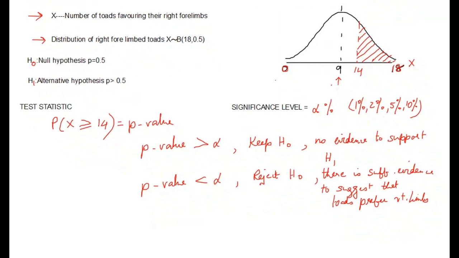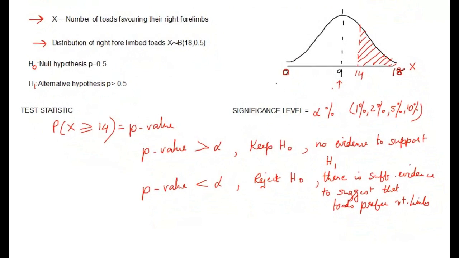Now, what you do is, on your null distribution, you calculate the probability that if toads had no preference, what are the chances of getting a result of 14 out of 18, which was our experimental result. And we also check for results better than that. So 15, 16, 17 and 18 out of 18, which is this whole red shaded section.